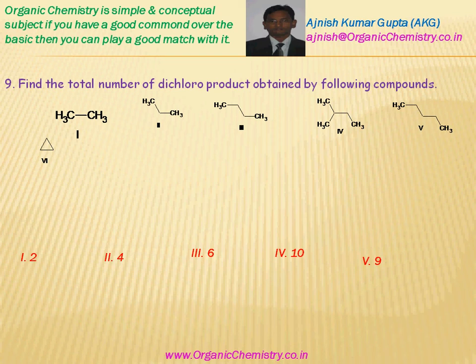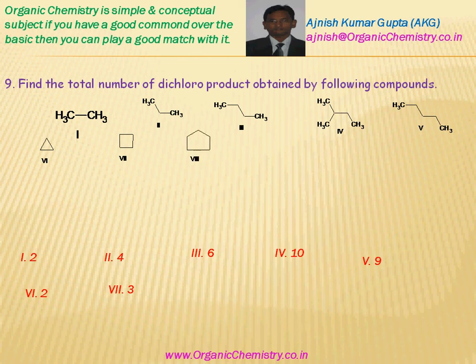For cyclopropane, the answer is 2. One for 1,1 and another for the 1,2 position. For cyclobutane, the answer is 3. That is 1,1, 1,2 and 1,3.